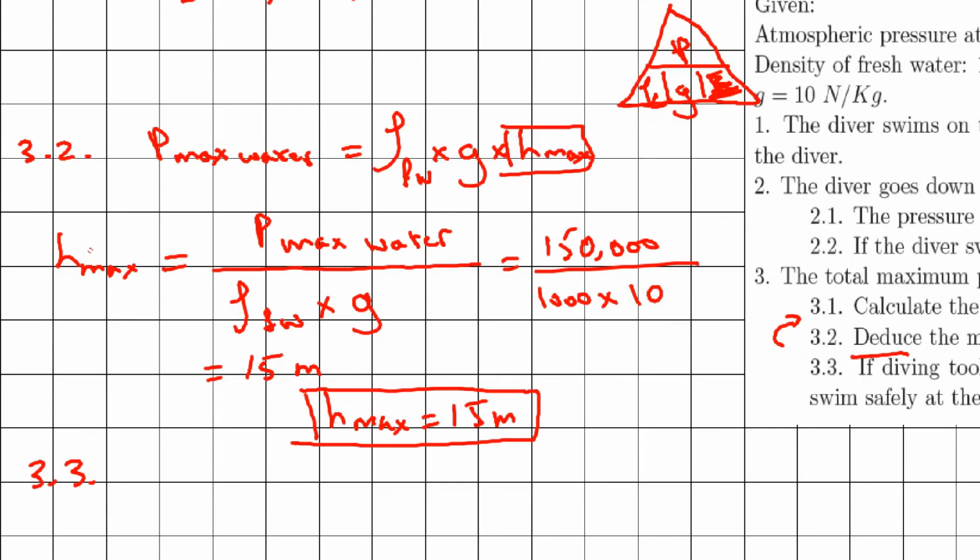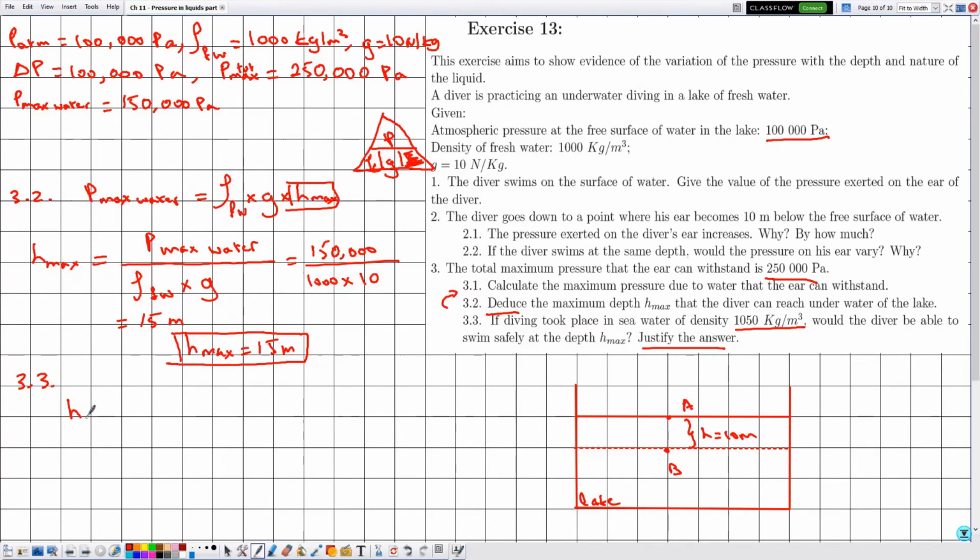Now we will use the same expression, H max is equal to P max water divided by rho fresh water times G. So now for the new maximum height, let's denote it by H prime max, which is equal to the pressure P max water divided by, in this case, because he's swimming in the seawater, rho seawater instead of rho fresh water, which is 1050 kilogram per meter cube, multiplied by G. The value of P max water is 150,000 Pascal, and the value of rho seawater is 1050 multiplied by 10.